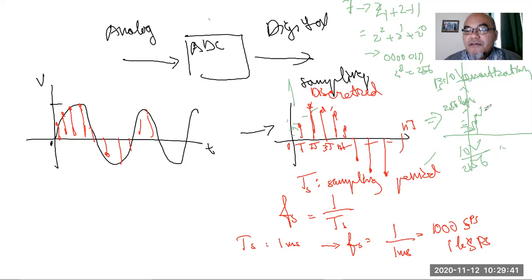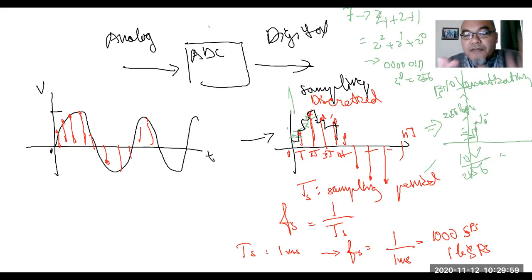So not only will the value in the digital signal be discretized like this, it will also be quantized, so it will be in blocks like this. With analog digital conversion, we lose the signal in between the sampling.